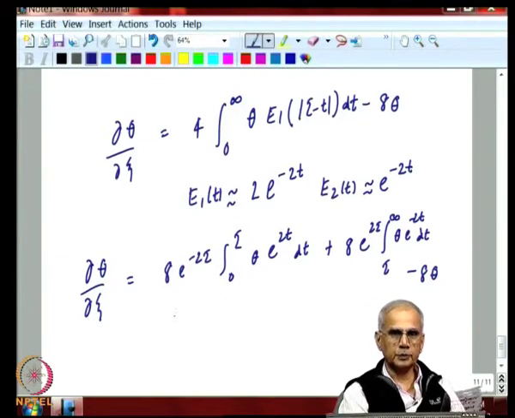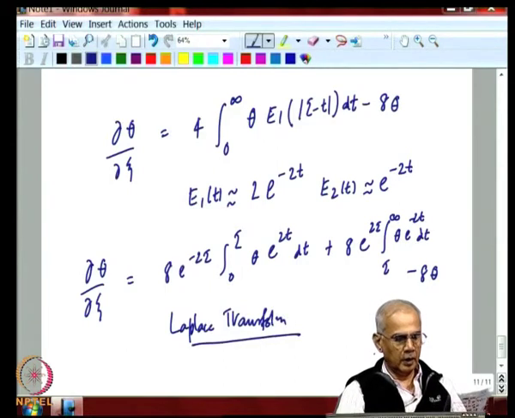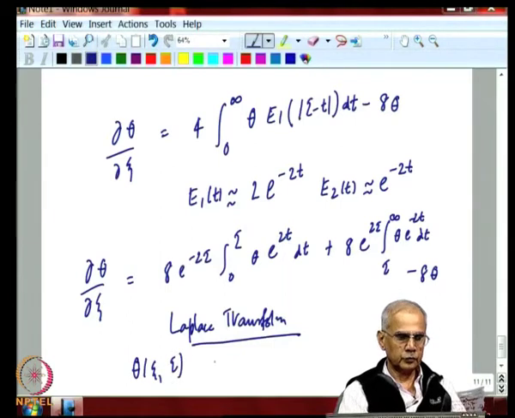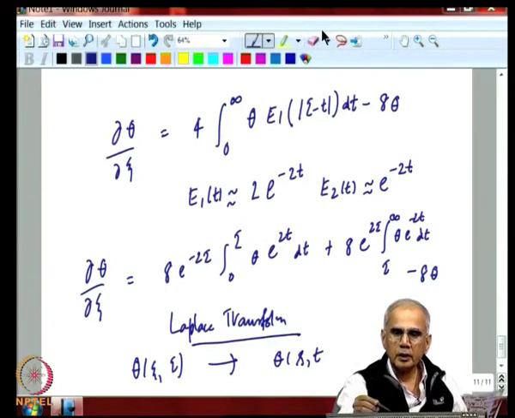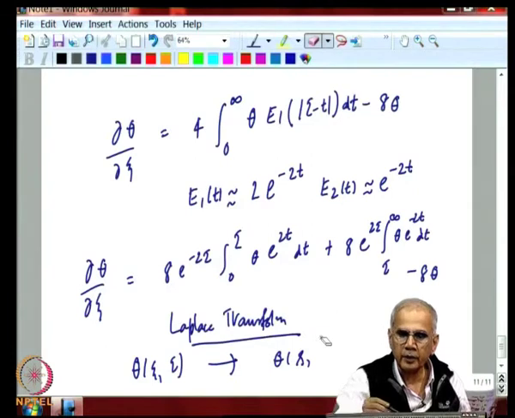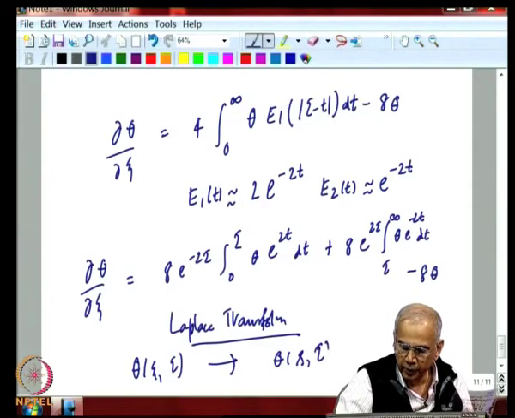Now, the best way to solve this problem is by Laplace transform, and essentially we are going to transform the theta of psi and tau to theta bar of s and tau, where the psi coordinate is transformed to the s coordinate.